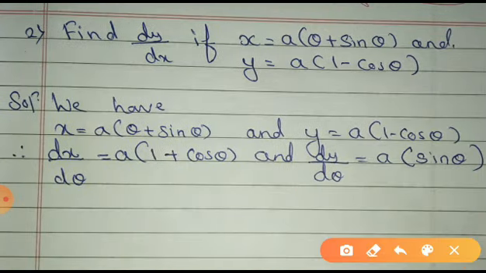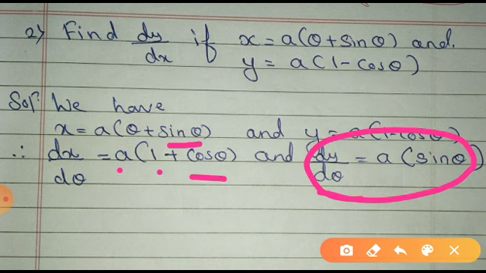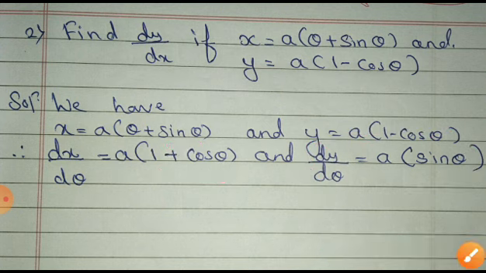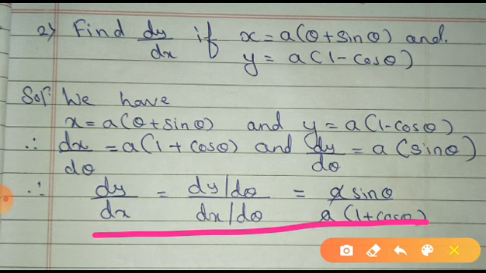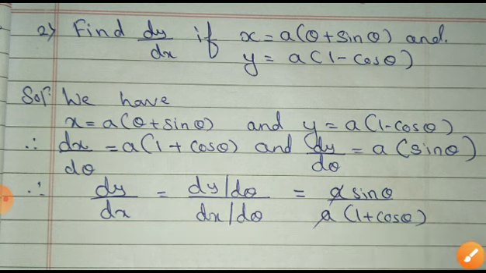Accordingly, for dx by d theta, a is a constant, the derivative of theta with respect to theta is 1 and the derivative of sin theta with respect to theta is cos theta. Similarly, we can find dy by d theta. Then find dy by dx. Now, some of you may think that this is the last answer: sin theta by 1 plus cos theta. Okay, no problem.